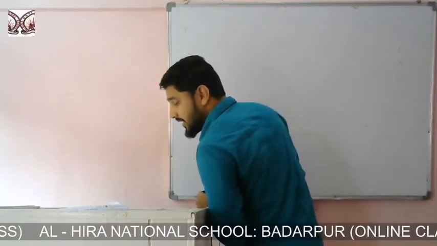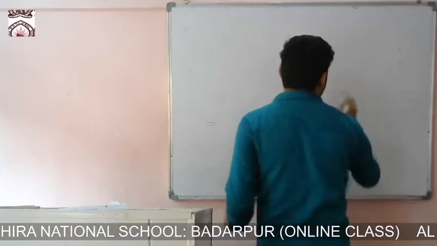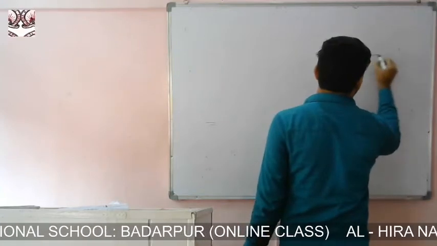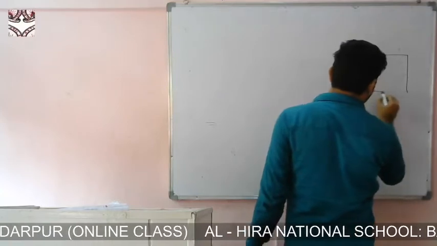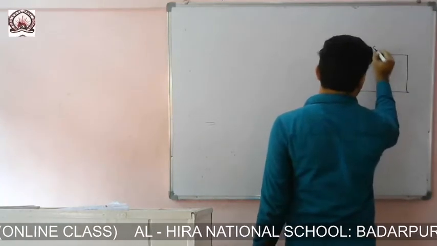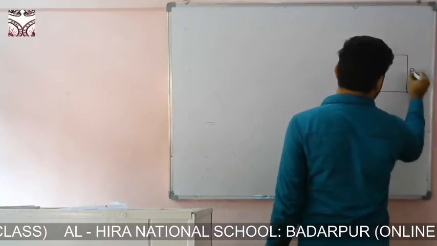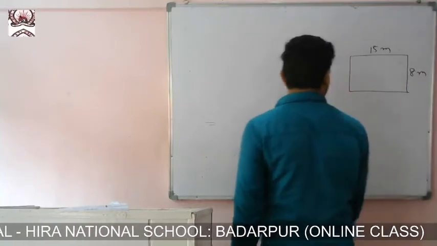Dimension of the floor is 15 meter by 8 meter. So suppose this is the dimension of the floor, 15 meter and 8 meter.